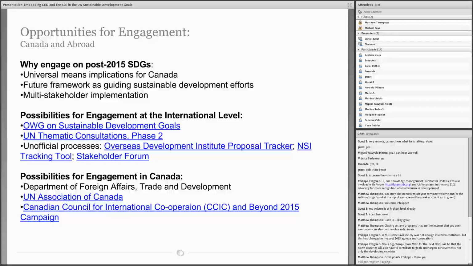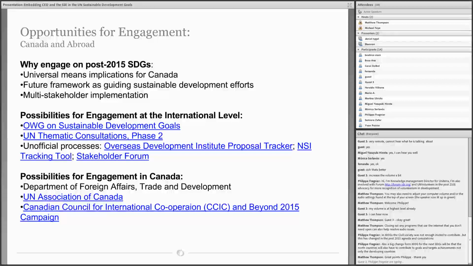For domestic groups working on poverty in Canada, if Canada is applying a universal framework that includes provisions around poverty, that will impact their work, or is a potential means to impact their work. So from a domestic as well as an international perspective, this universal agenda has implications for us all. Given that, we might want to engage at the international level, certainly in defining those priorities.